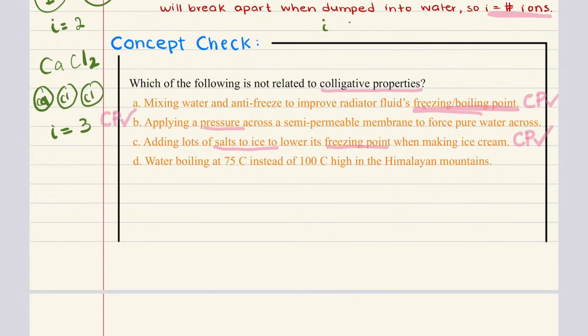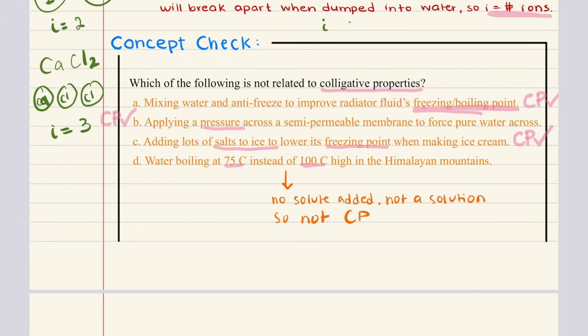Finally, we have D. D says water boiling at 75 degrees instead of 100 degrees Celsius, high in the Himalayan mountains. Now, this is interesting. This is not a colligative property. Water boiling at 75 degrees Celsius, high in the mountains, happens because the external pressure is lower.